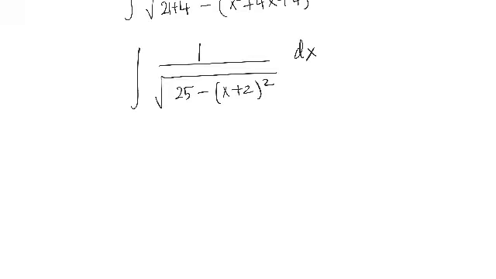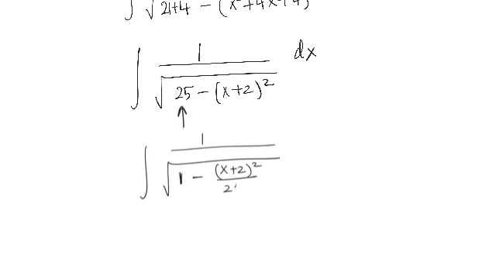Okay, so remember we want a 1 here and not a 25. So we're going to divide the inside of the square root by 25. So I will have 1 over the square root of 25 divided by 25 is 1 minus x plus 2, the quantity squared, divided by 25. Now I need to divide the top by the same thing.